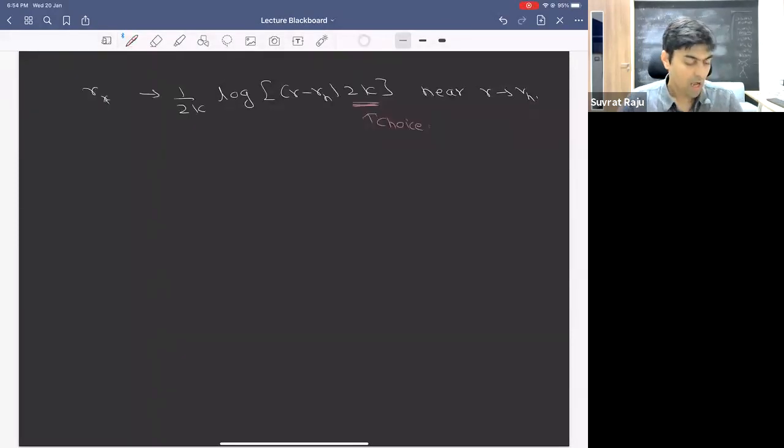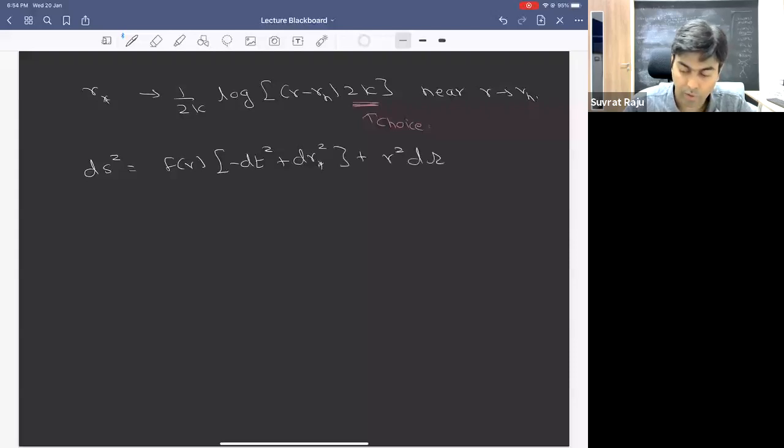Okay. So in terms of r star, the metric reads the following. It looks like f of r into minus dt squared plus dr star squared, plus r squared into d omega squared. Okay. So the metric kind of looks simple. Remember, there's an r here, and this is actually a function of r star when I write the metric this way.